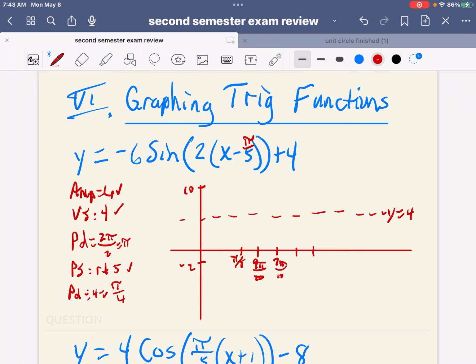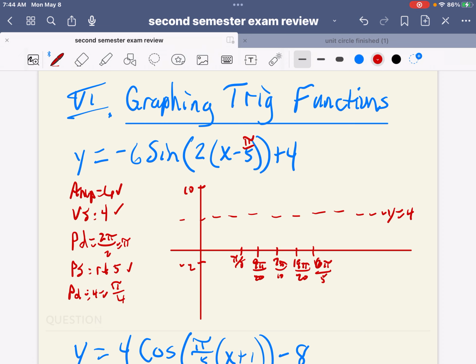Then if I add 14 pi over 20 plus another 5 pi over 20, we get 19 pi over 20. And then if I add pi over 4 one more time, I get 24 pi over 20, or 12 pi over 10, or 6 pi over 5 for the final tick mark.